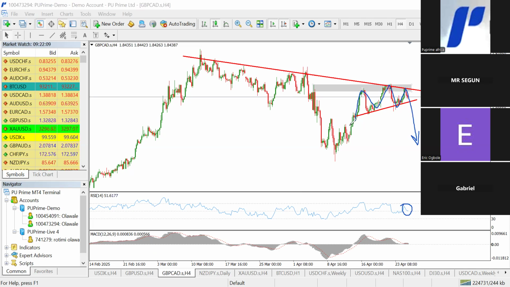But the most important thing is that if the news comes out good for CAD, that is a green outcome for the Canadian dollar, then we'll expect a bearish breakout on this GBP/CAD. That can lead to an opportunity to sell GBP/CAD. So I'm bearish on the GBP/CAD ahead of the news by 1:30 p.m.